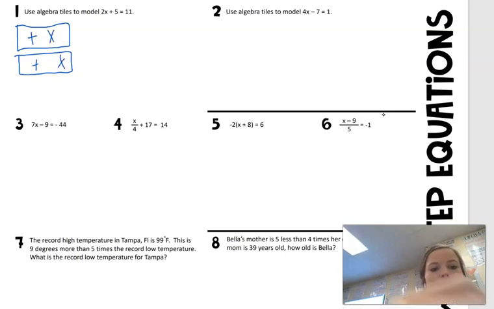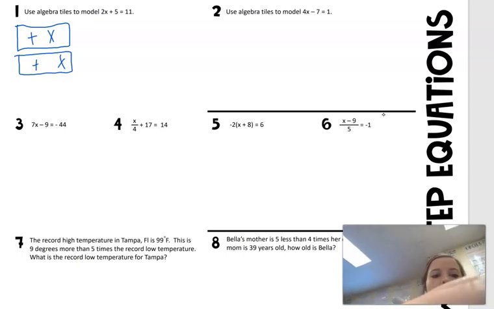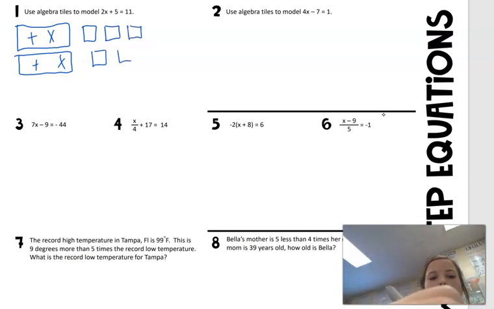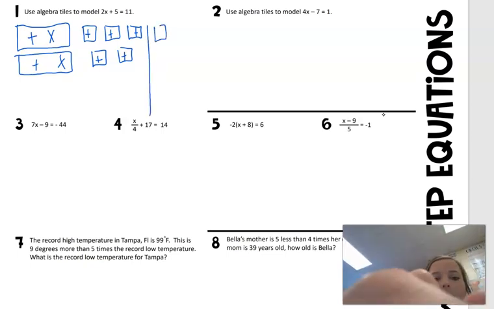These are x's. So we have 1x, 2x, plus we have 5 more pieces that are all positive, and that equals 11.